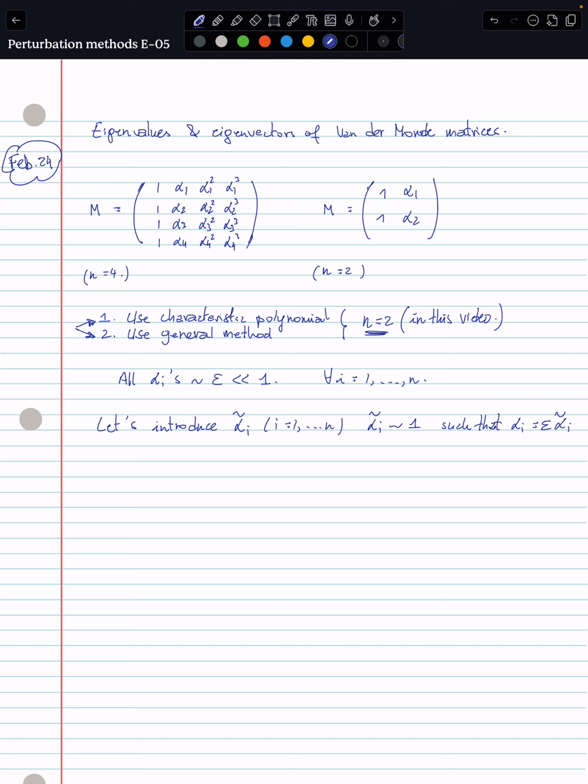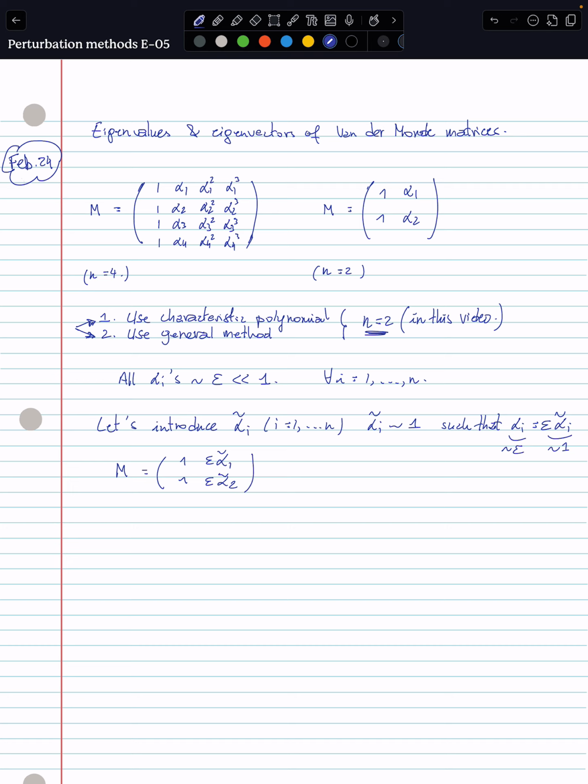All right, so we have a rescaled version of the small numbers. Alpha i, we said, is of order epsilon, and alpha i tilde is of order 1. All right, so the matrix that we want to solve is M, or M2 when n is equal to 2, which is 1, epsilon alpha 1, 1, epsilon alpha 2.